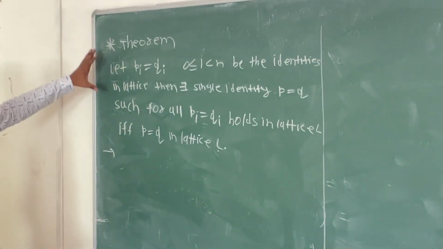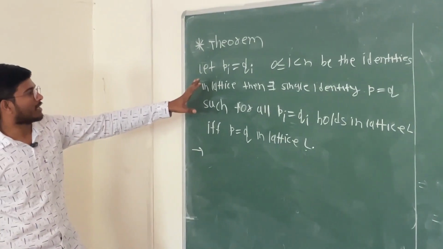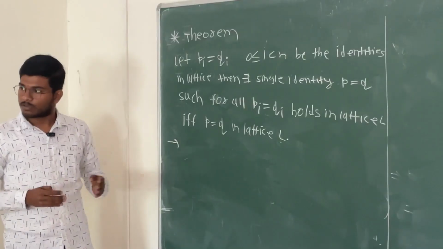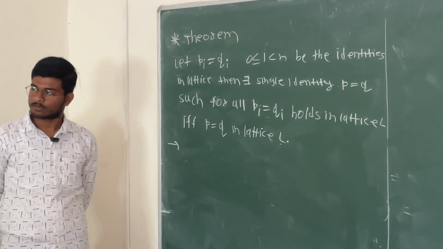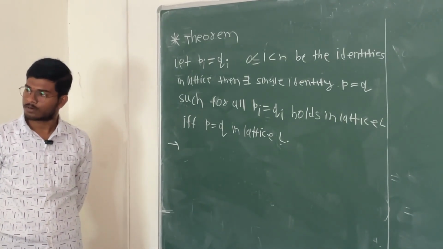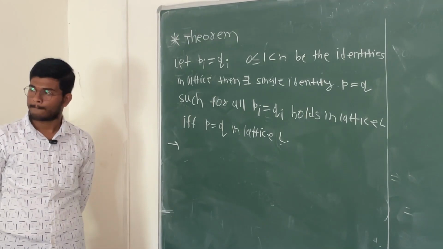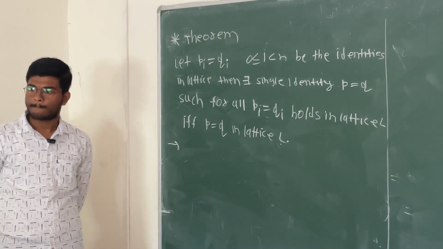So this is the statement of our theorem. Basically it is very simple. If you have, suppose, 4-5 identities given, using them you can actually get one single identity, and with that single identity, all of them will be true.